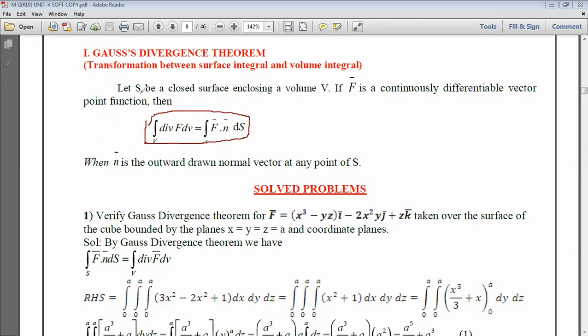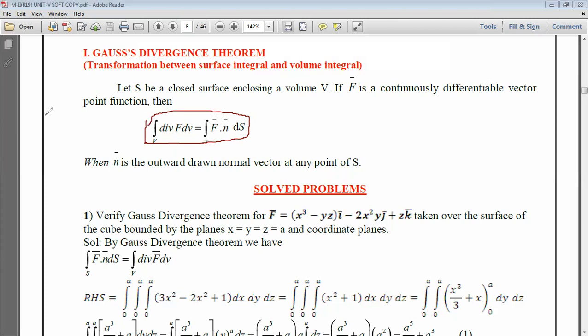So here it is: let S be a closed surface enclosing a volume V. And if F bar is a continuously differentiable vector point function, suppose the given vector is differentiable, and obviously whatever we get after taking the derivative must be continuous.